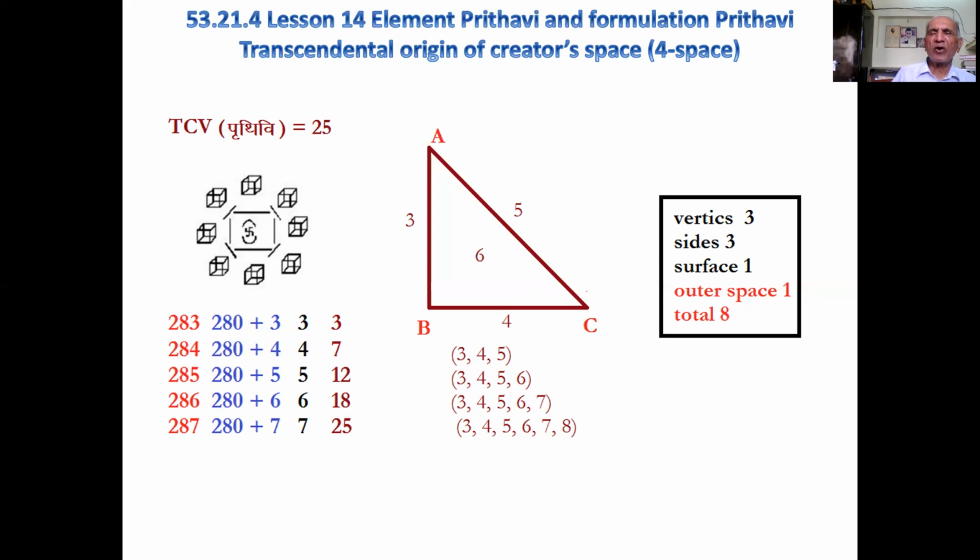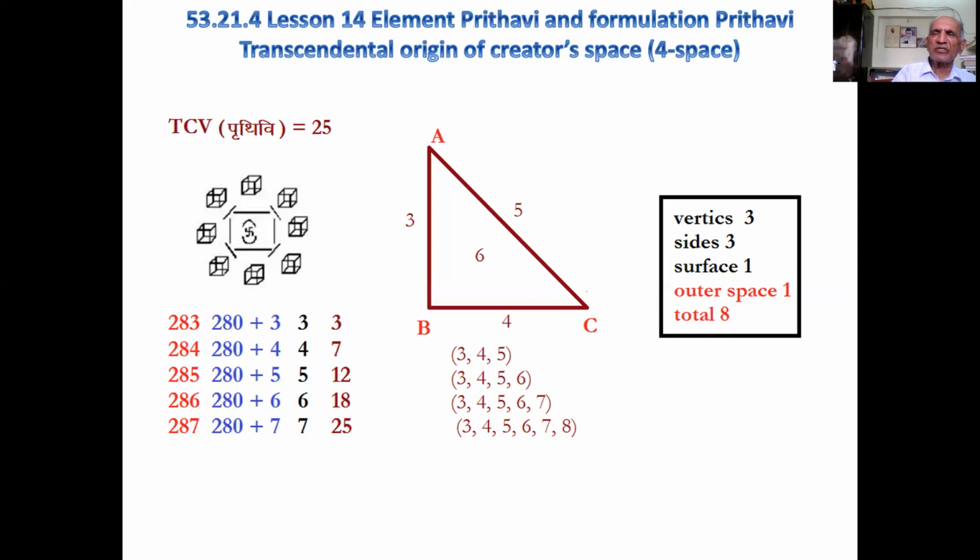This solid order transcendence range is of summation value 25, parallel with the TCV Prithvi 25. As such, the first element, the first Mahabhut of the Panch Mahabhut range is Prithvi.